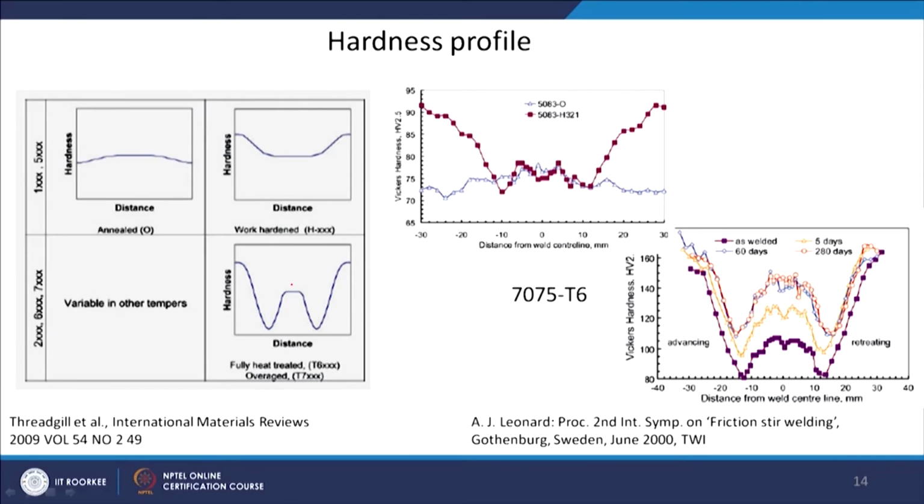Okay. So, in precipitation hardenable material, if you see the hardness profile, the profile will be something like this. In the nugget zone, actually the hardness comes down, in the base material the hardness is more. So, in that sense you can say that the mechanical properties are reducing in the process zone.